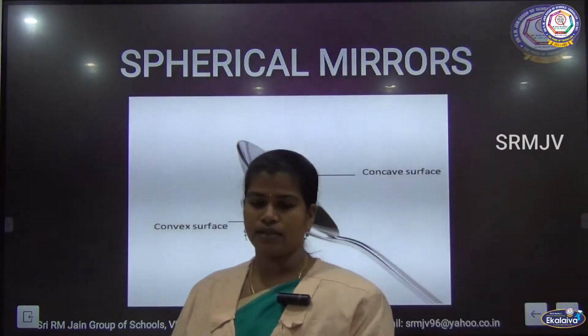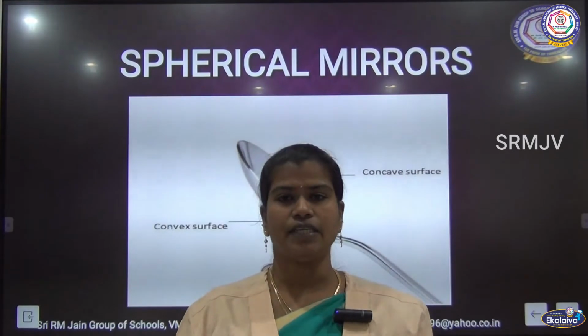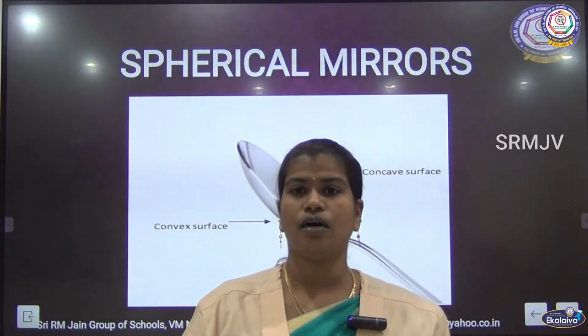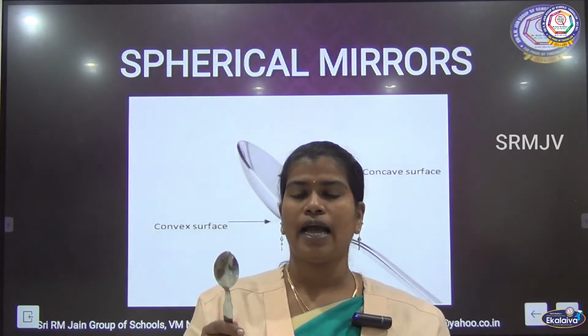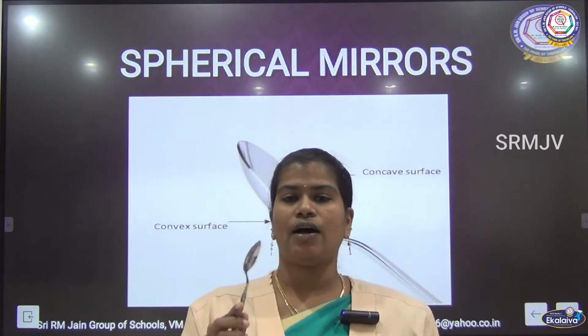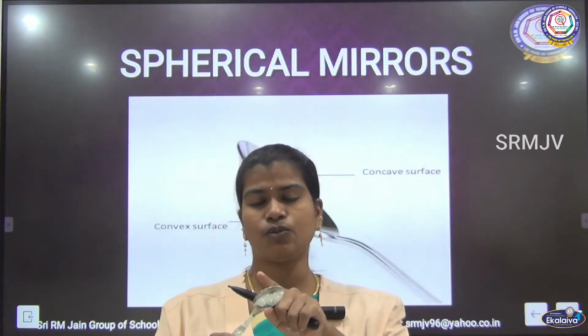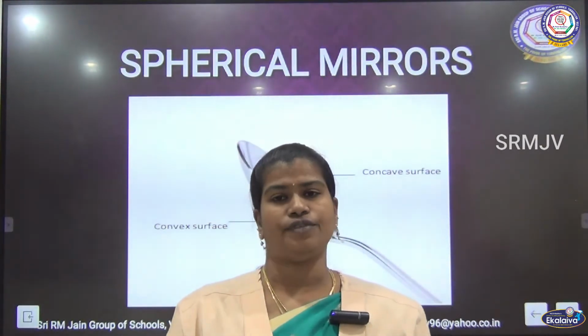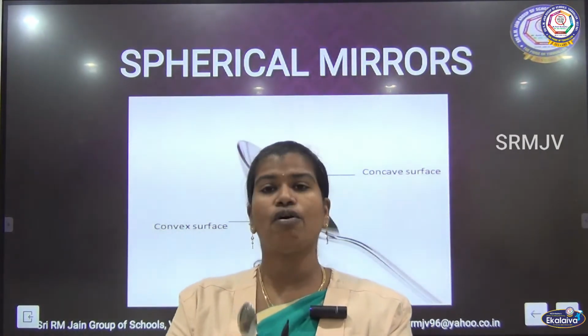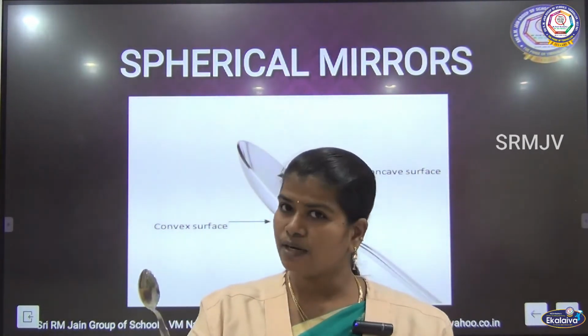Before that, let us do an activity. I want you all to take a polished spoon. A polished spoon has both a curved surface as well as a bulged surface. What you are supposed to do is see your image in the curved surface.